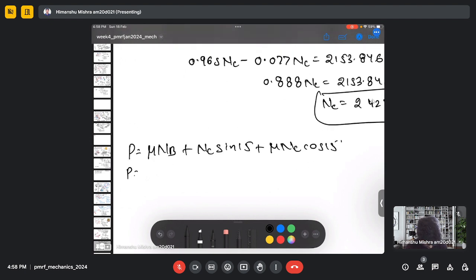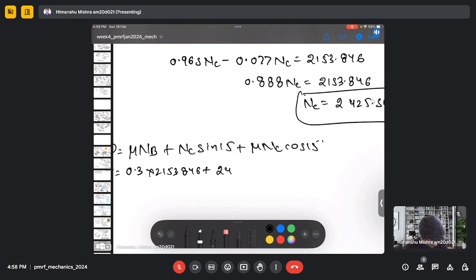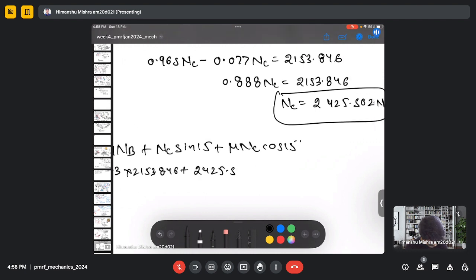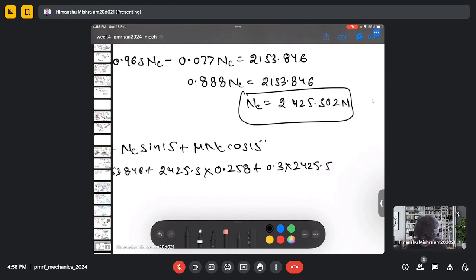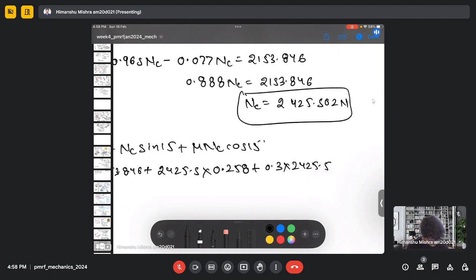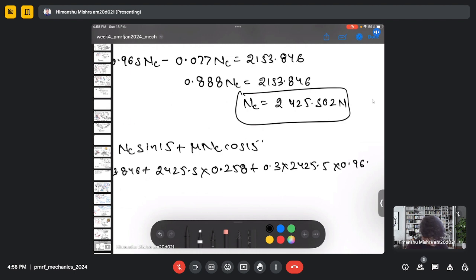So P equals 0.3 times 2153.846 plus 2425.5 multiplied by sin 15, which is 0.258, plus 0.3 multiplied by 2425.5 and cos 15, which is 0.965.